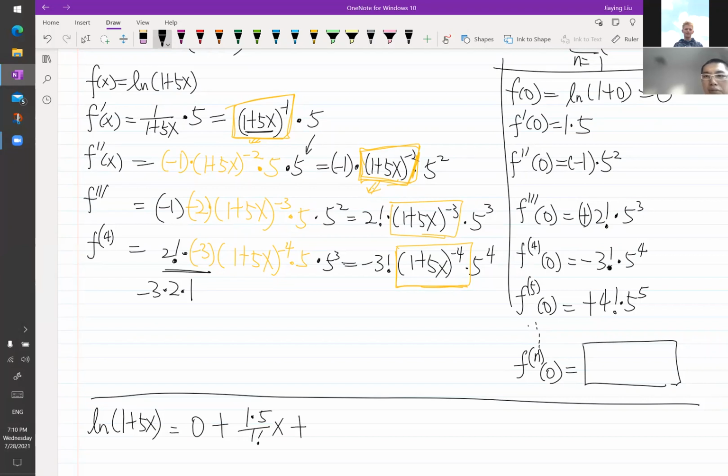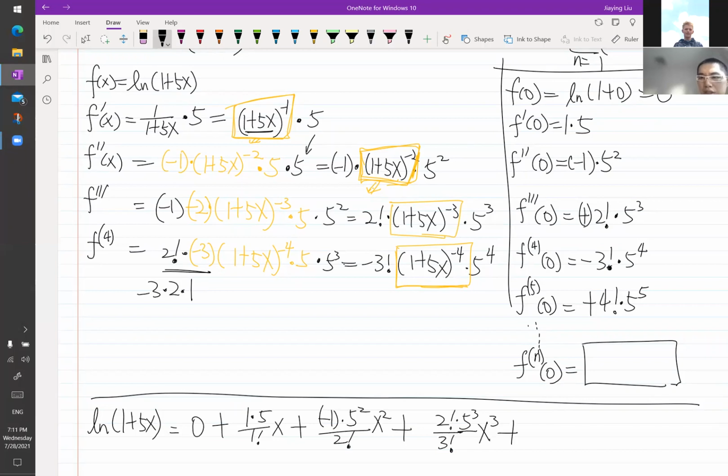The next term is negative 1 times 5 squared divided by 2 factorial times x squared. The next term is positive 2 factorial over 3 factorial. Oh, I forgot 5 cubed over 3 factorial x cubed.